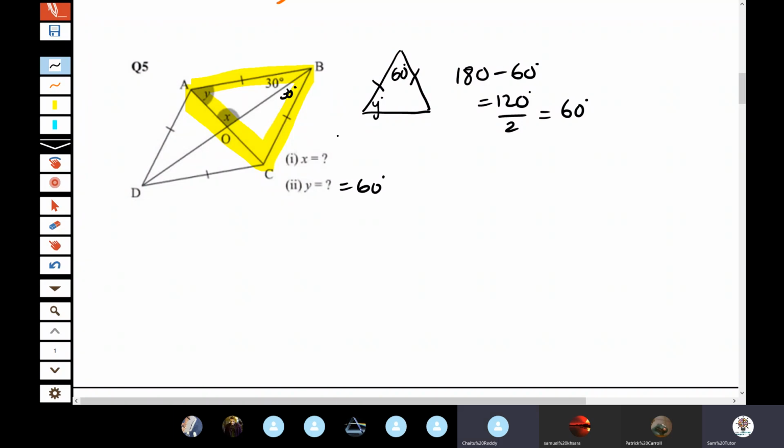And if y is 60 degrees, what can you tell straight away about x now? That's 30, that's 60. What should x be? 60? No. 30? No. Why are you just taking guesses? That's 30, that's 60. You've got to find this angle.